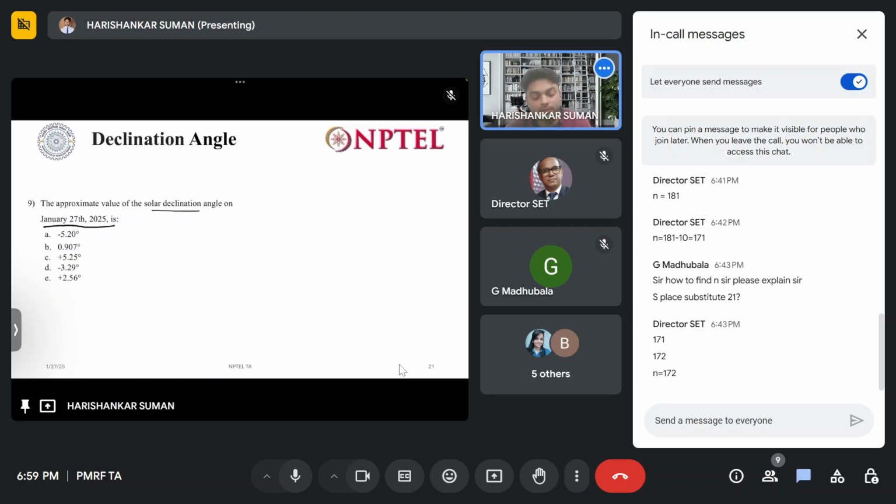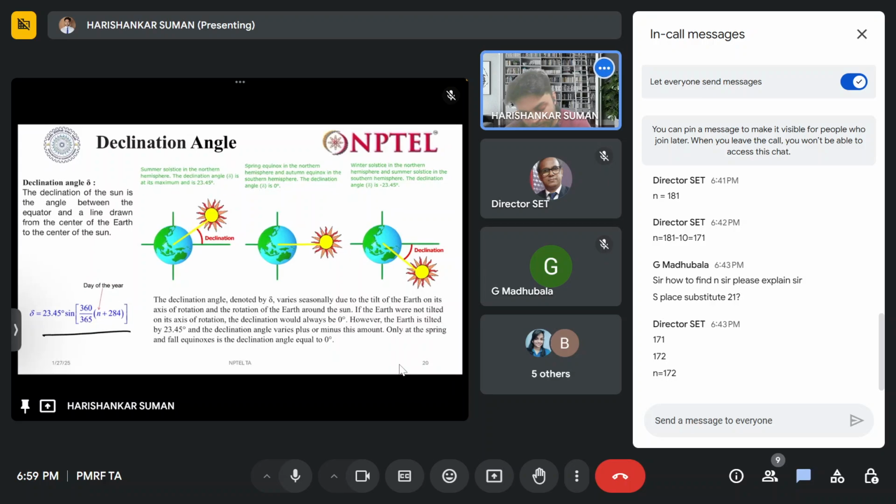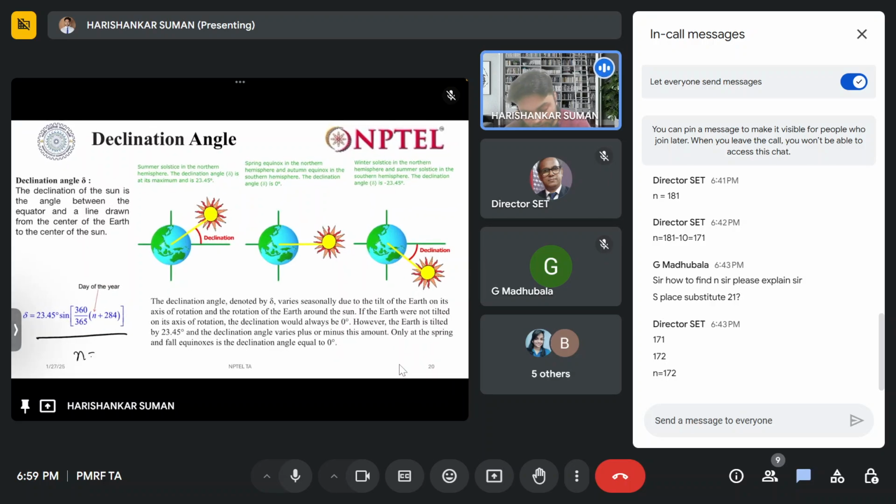Please find this quickly, and you can use this expression. What is n equal to? What is n? 27. Please answer me. You have 2 minutes.